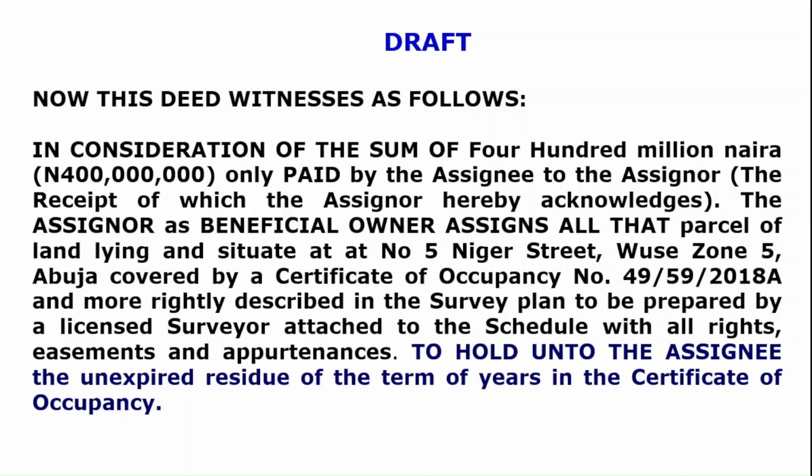So you can see the way to draft the addendum. So all you now have to hold on to the assignee the unexpired residue of the term of years in the certificate of occupancy. So you are saying this addendum is capturing the fact that the assignor is assigning all the remaining number of years in this certificate of occupancy to the assignee.